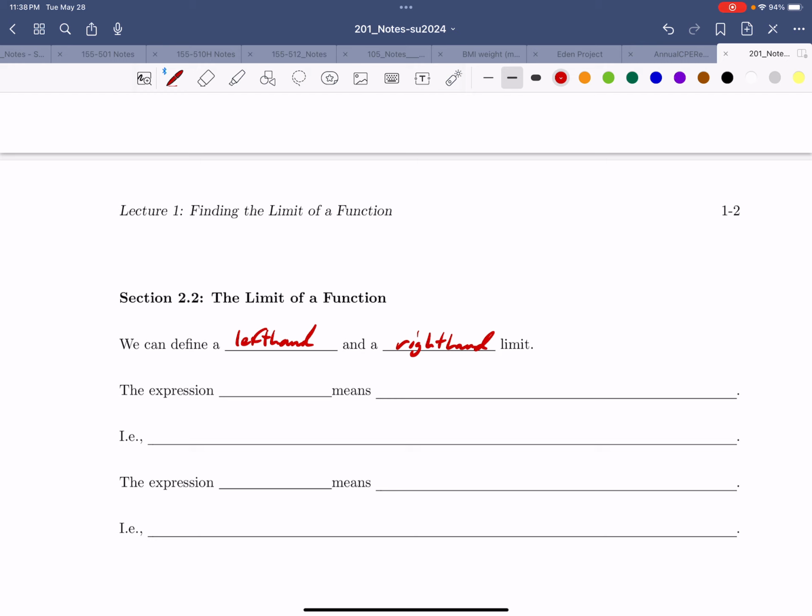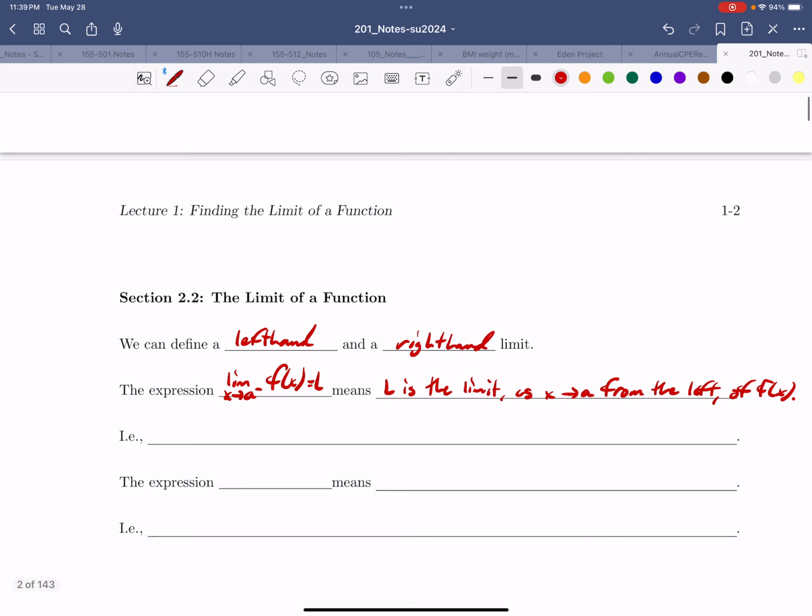So the expression limit as x approaches a from the left, that little minus sign, of f of x equals L means, well, it's the same thing as before, L is the limit as x approaches a from the left of f of x.